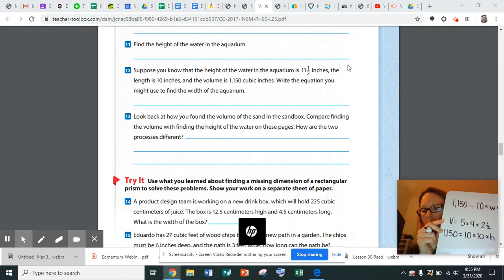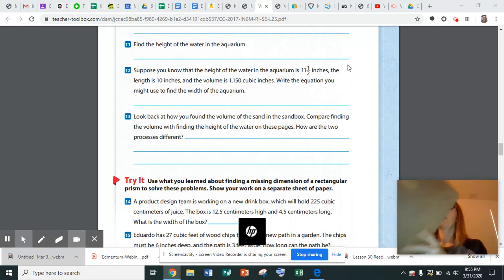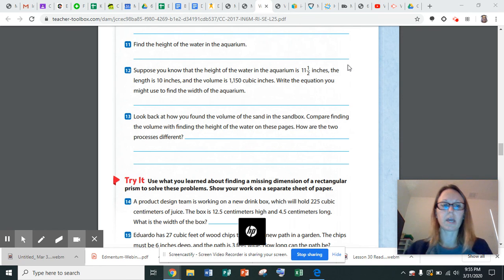In the first one, we just multiplied straight across to find the volume. Here, we have to multiply the two numbers that we know and then divide the volume by that total. So that's how you would explain number 13.